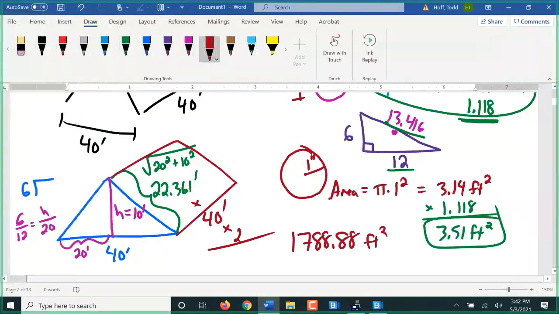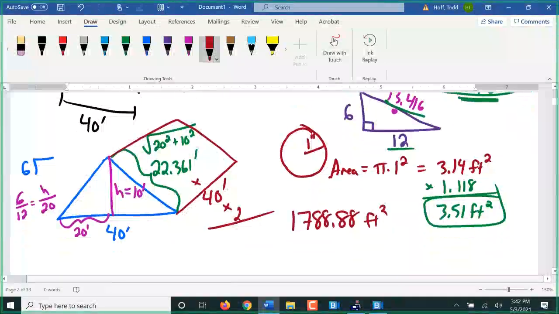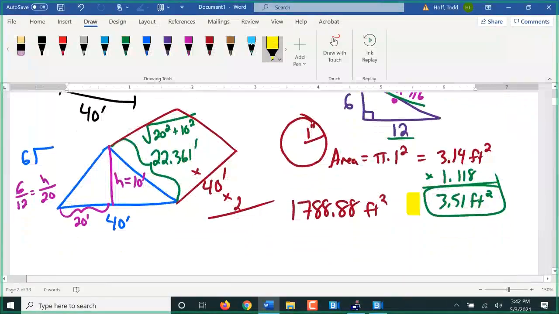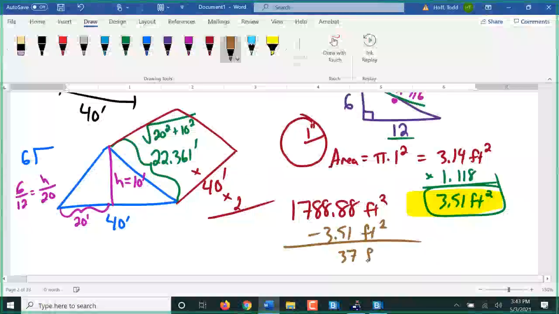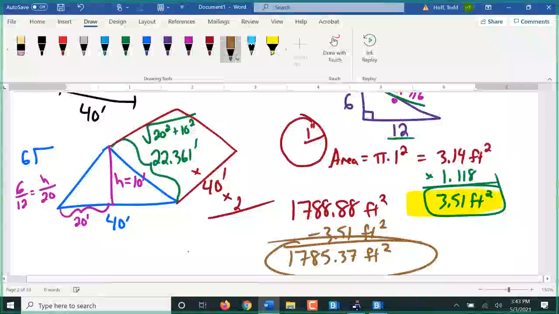That's not our roof area. Why not? You gotta take out that, yeah. We gotta subtract that whopping 3.51 square feet. Felt bad if we had forgot that. No. That's our roof area.